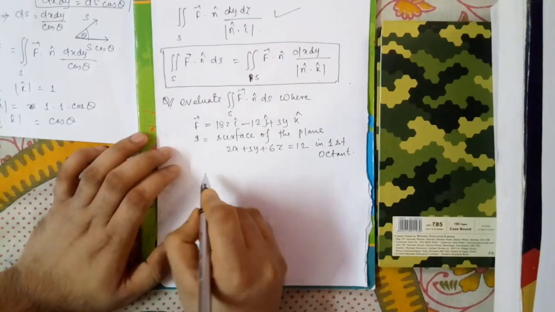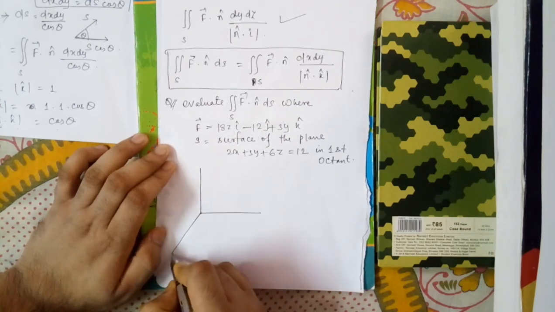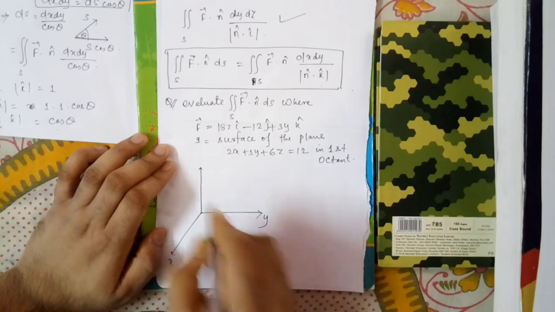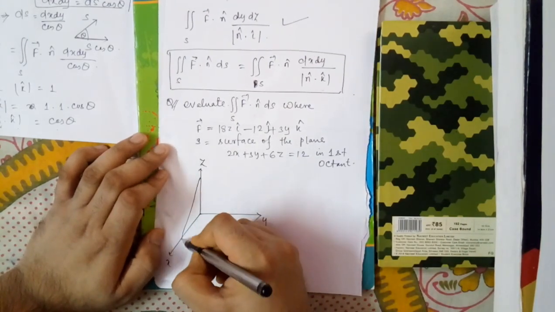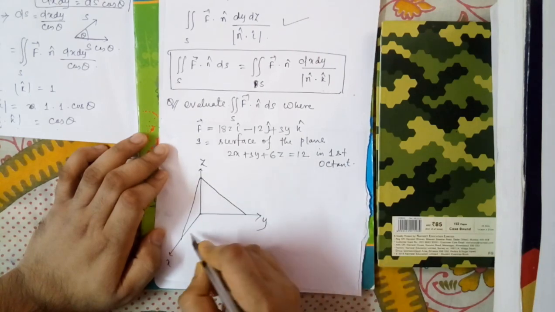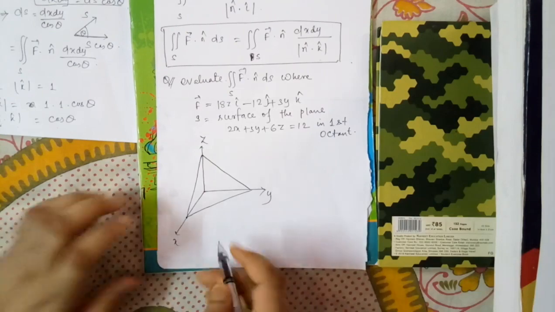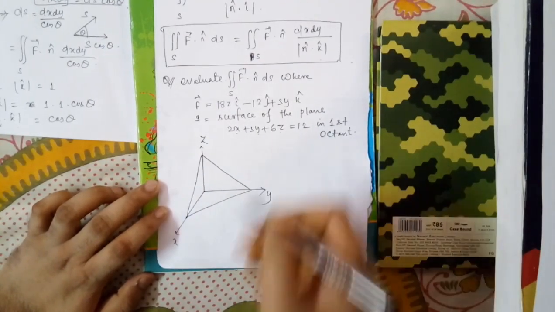So now let's draw the plane first. This plane will be something like this. Where it cuts the x-axis, putting y and z as 0, x equals 6.